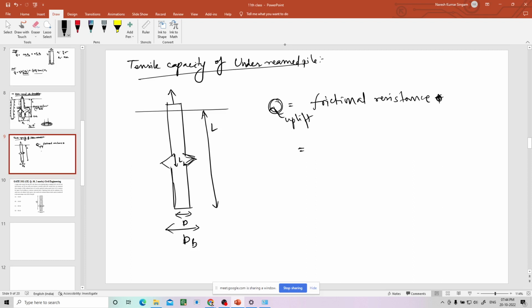So I'll write alpha into SU bar into surface area. So how do you get surface area?